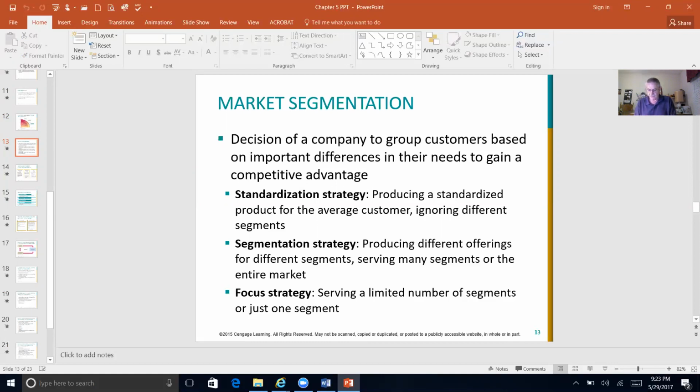And one of the fundamental questions that any company faces when it's talking about market segmentation is whether to recognize the difference in the customers. And if it does that, how does it go about tailoring its approach, its products, its goods or services to ensure that it can meet the needs of the customer segment or segments it decides to serve?